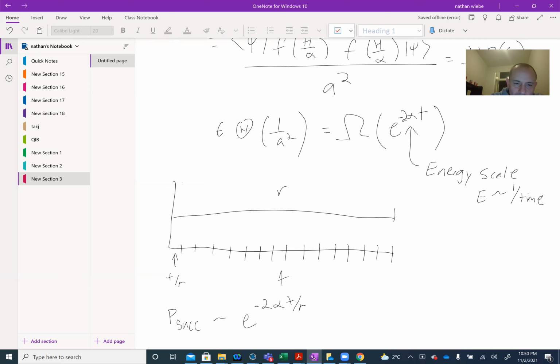We're going to apply oblivious amplitude amplification in each of these time steps to boost the probability of success from whatever small value it has all the way up to 1, or at least as close to 1 as we can.